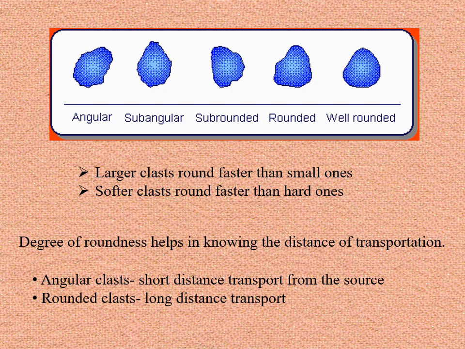But if the same sized grain is quartz, we know that quartz does not have any cleavage. So with transportation, there is almost no chance of that quartz grain breaking along previously developed weak planes, because quartz does not have any cleavage plane. So the chance of becoming more rounded is greater in quartz compared to feldspar or calcite or other grains.